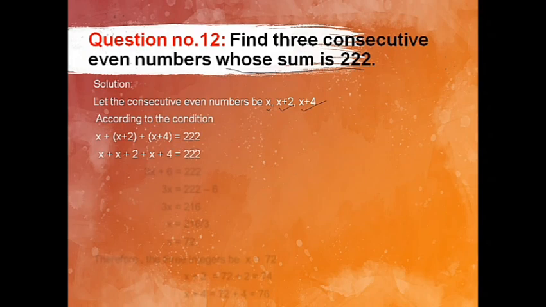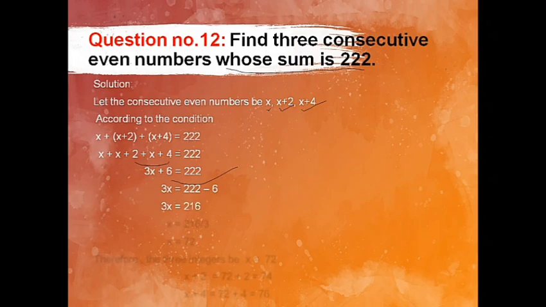Now here x plus x plus x will be 3x and 2 plus 4 will be 6, that is 3x plus 6 equals 222. Now I will transfer this 6 to the right hand side. So it will be 3x equals 222 minus 6, and 222 minus 6 is equal to 216. So here we will write 3x equals 216.